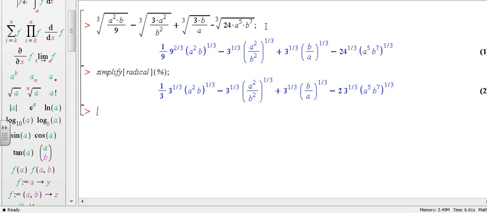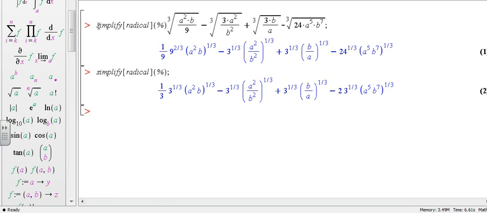Isn't that lovely? That is so wonderful. Okay, going to do one more thing. I'm going to go in and take this, copy, and we're going to put it in front of here. Paste. All right.